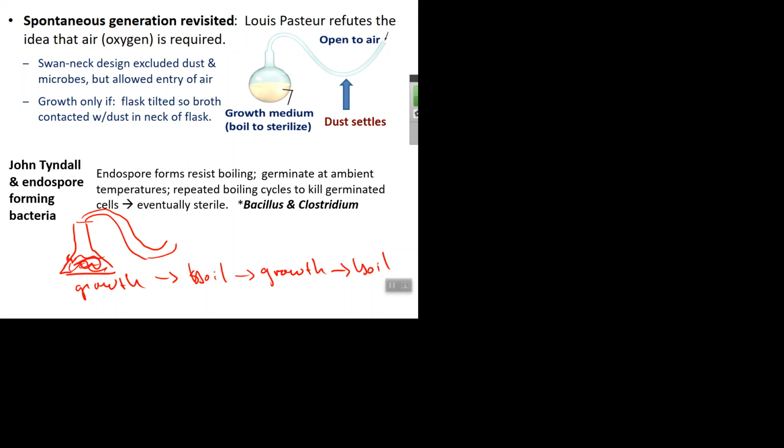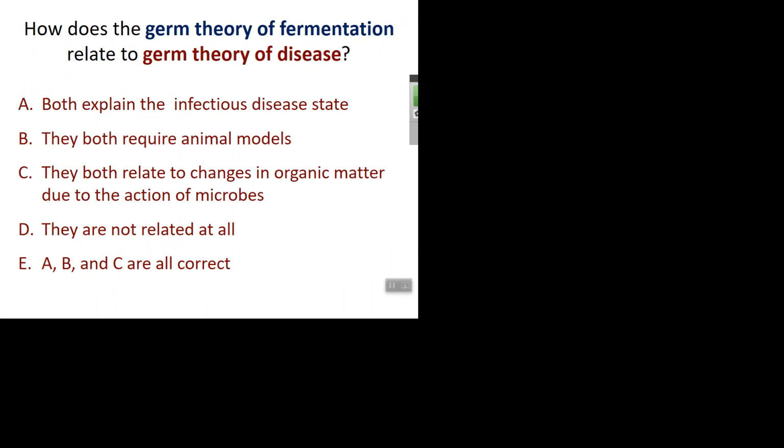Okay, now, take a breath and look at this question, because we're going to segue into the next part. So how does the germ theory of fermentation relate to germ theory of disease?